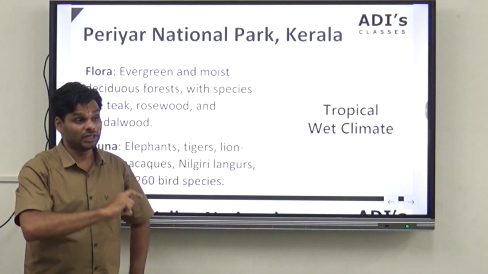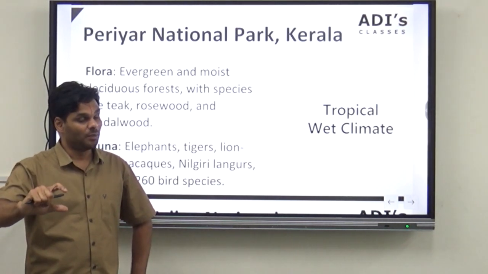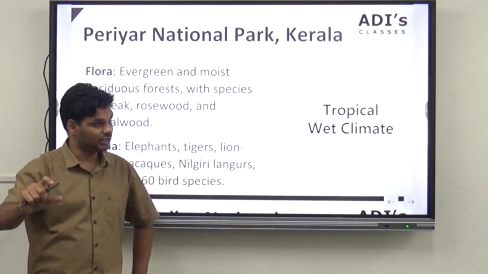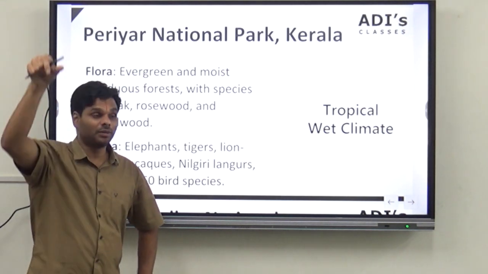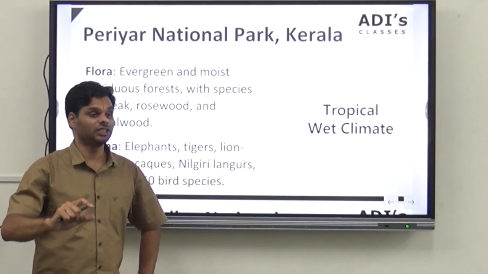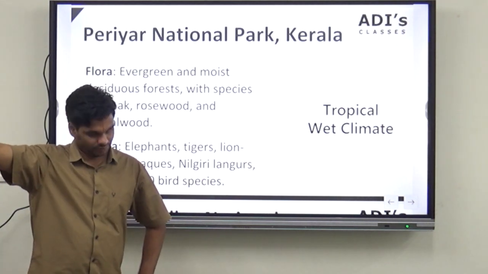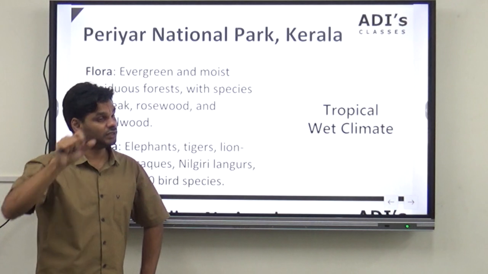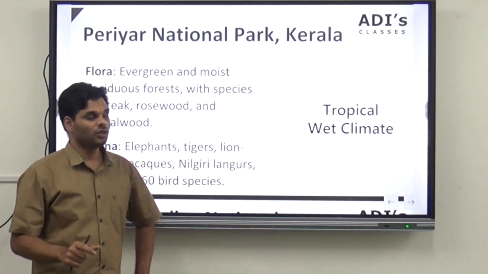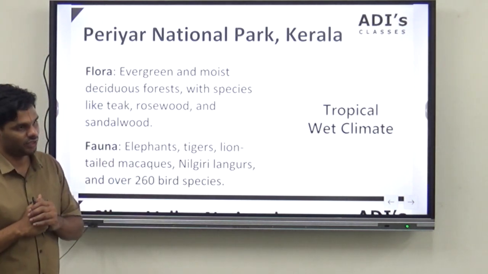Many birds that are coming from Africa, from Southeast Asia, from Eurasia, not just Russia, Eurasia. Eurasia is Europe plus the whole region. Birds migrate here. So it's a very important migration destination also.